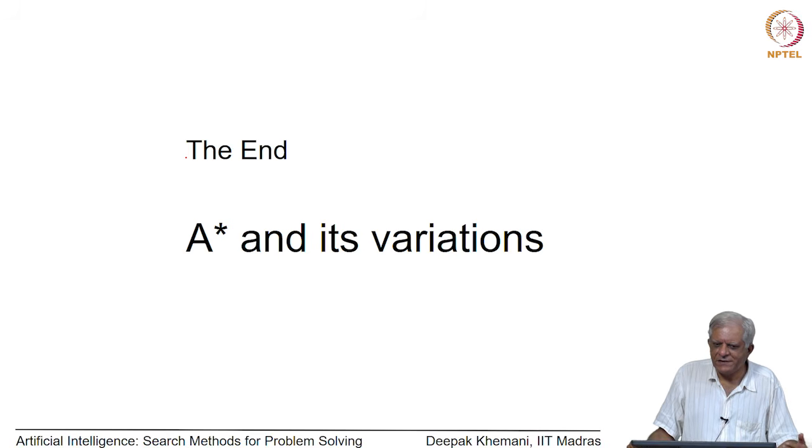We started by looking at A star algorithm in the quest for finding optimal paths, and we showed that if you use the g values and the h values, the g values are the known costs up to a given node, and the h values are the estimated costs from that node to the goal node, and if the h value satisfies certain properties, which is that it underestimates the heuristic function, and we also specified that the branching must be finite and h cost must be greater than some epsilon.